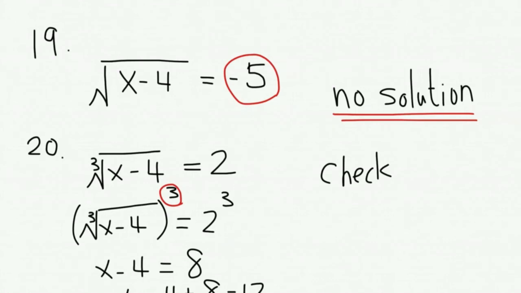On the left-hand side, I have x minus 4. On the right-hand side, 2 raised to the third power equals 8. x equals, so I add 4 to both sides. 4 plus 8 is 12. Don't forget to plug your numbers back in to check your answers every time. Check, check, check.